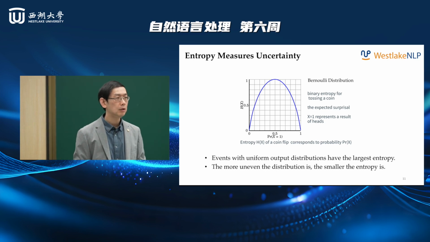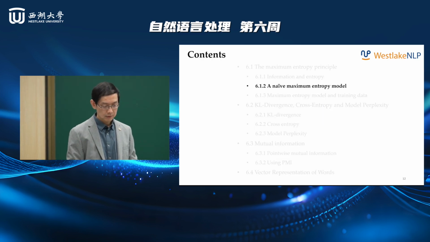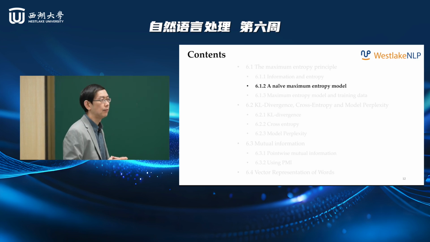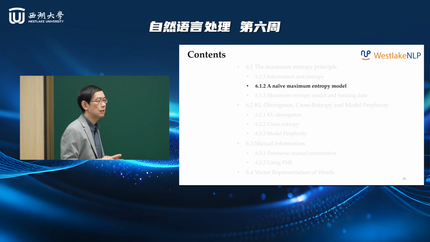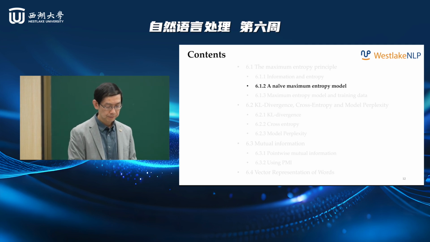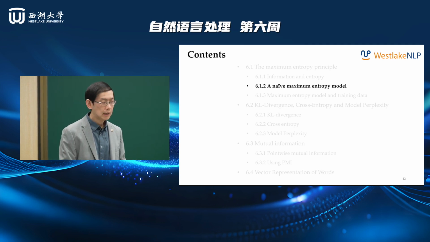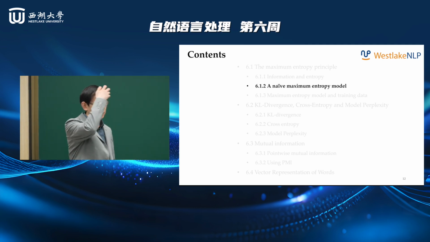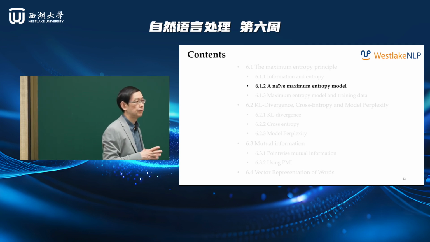So this is entropy. Maybe you know it. Now let me tell you a principle in machine learning, which is called the maximum entropy principle. It tells you when you build a model, what do I mean by building a model?